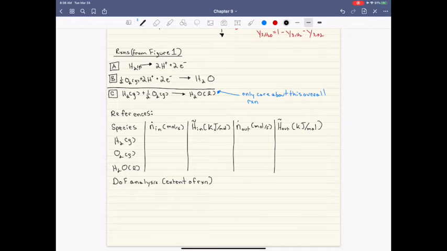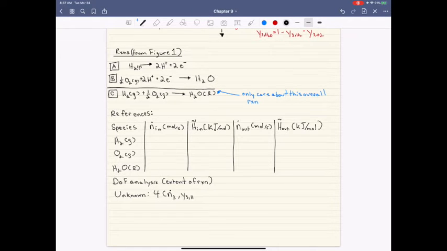Okay, so let's complete this degree of freedom analysis. Now, for an extent of reaction type of degree of freedom analysis, the first step is the same as the molecular one. So we count up our unknowns. And so we have 4 unknowns. We don't know what the flow rate of the outlet stream is.